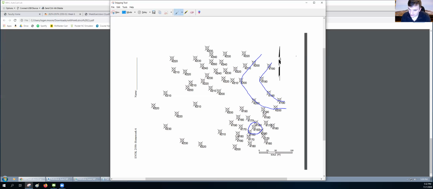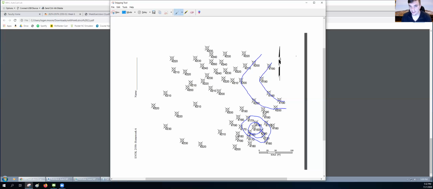So that would be like the bottom of a valley, the lowest point right there, 4150, all right? And these ones would connect, 4170, 4170, and it looks like I missed one here on 4160, so it would actually go something like this. All right? I basically just want you to fill out the rest, make sure there's a line going through every point and that they are connecting, all right?